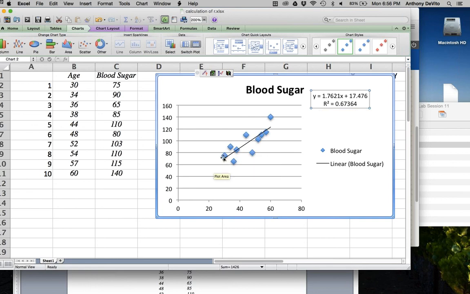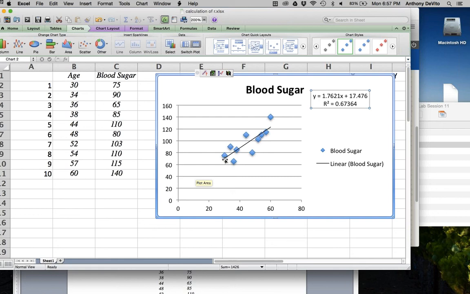Notice they didn't extend this past the data. If you extended it manually, it would cross around 17 and a half. If you know a point that it goes through and you know the slope, you've defined the line.